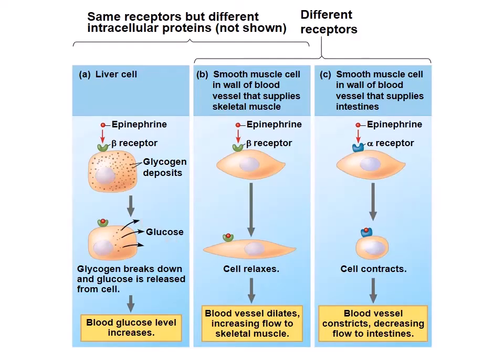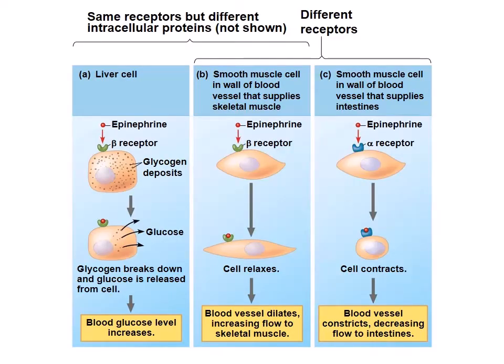In the smooth muscle cells, it causes the muscle cell to relax. And I should say smooth muscle cells with beta receptors. So epinephrine binds to the beta receptor, that causes the cell to relax. So that could dilate, or make the diameter of a blood vessel larger, to increase blood flow to skeletal muscles.